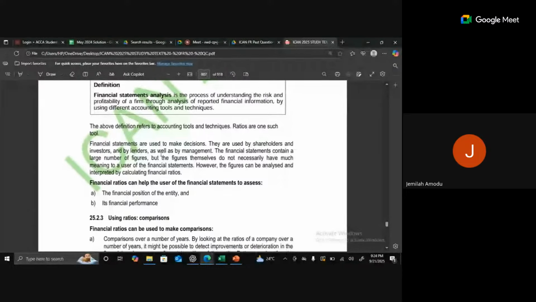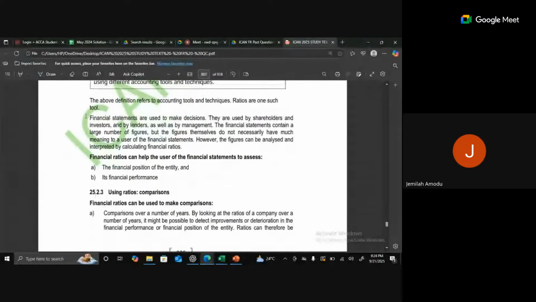So, and as they said here, financial statements are used to make decisions, right? They are used by shareholders, investors, and all other users of financial statements, right? And just as I explained, there are a lot of figures in those financial statements, and those figures might actually be too cumbersome to comprehend.